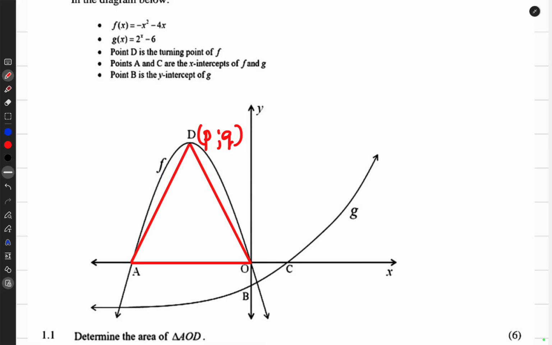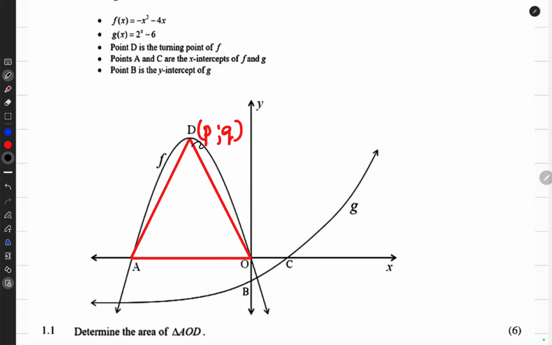We can construct the line, the height. We can construct the height here, which will be perpendicular to the base, base AO. So the height will be perpendicular there.